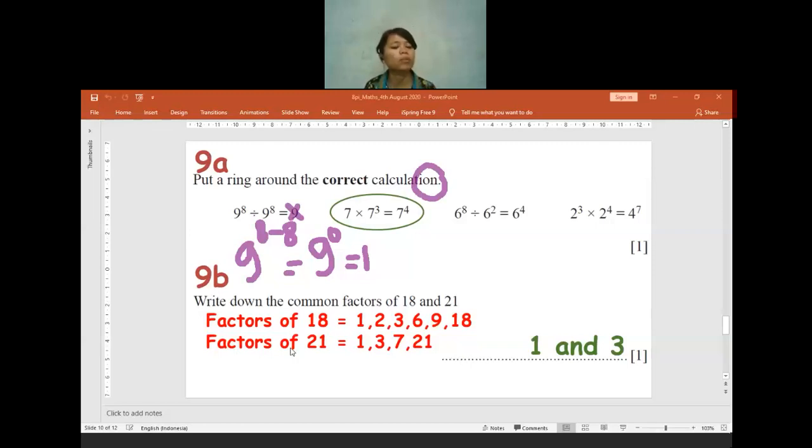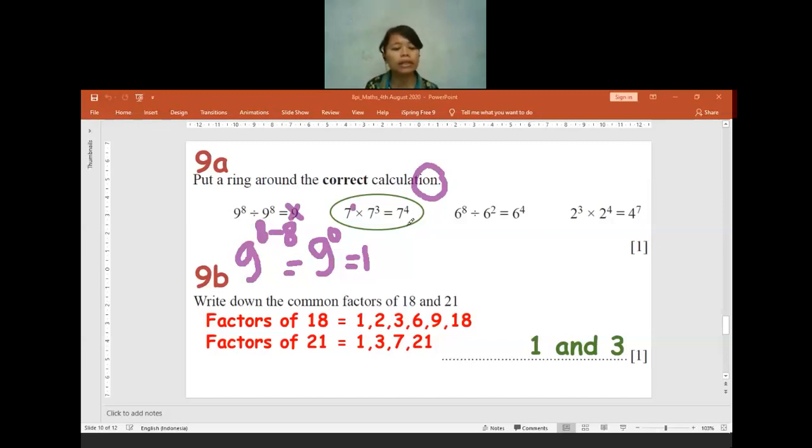When it is a multiplication, we have to add the power. There is no number on the 7, it means 7 to the power of 1. So 1 plus 3 equals 4. That's why the final answer is 7 to the power of 4 for the second calculation.